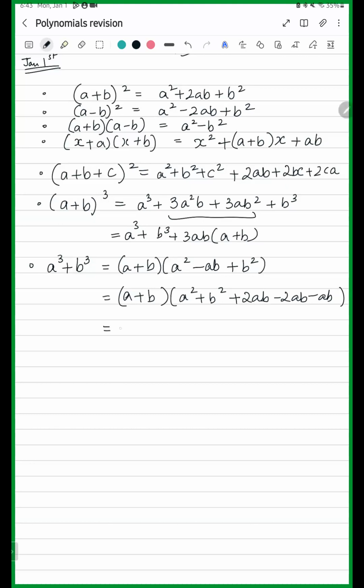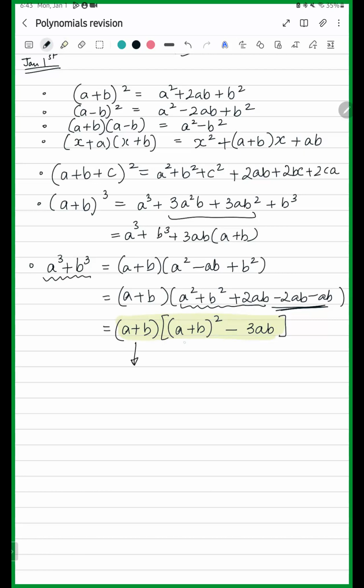See this, what it becomes is (a + b) as it is, and this part becomes (a + b) whole square minus 3ab, right? This form is useful when you are asked to find the value of a cube plus b cube and you are given the value of a plus b.